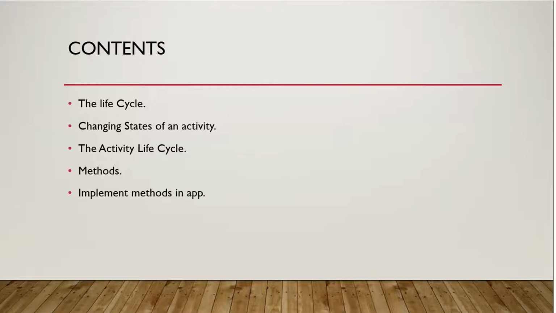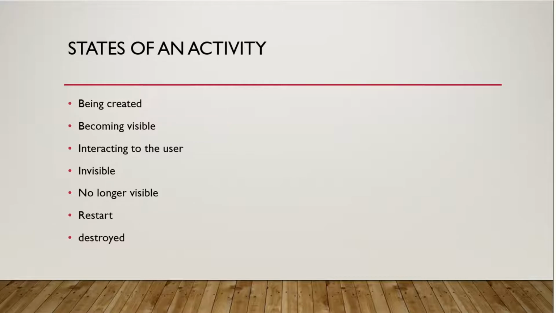So that is what a life cycle is. After that, what are the changing states of an activity? The activity may be being created at the very first time when we install it and run it on the Android device.